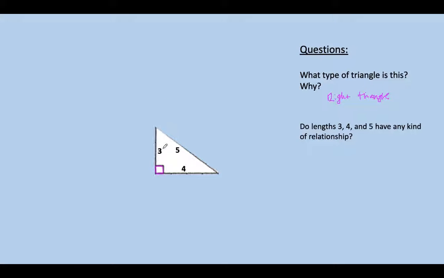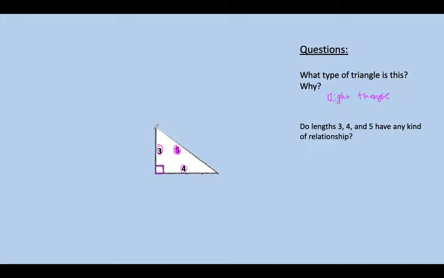Now looking at these numbers, these are the lengths of the sides, 3, 4, and 5. Can you think of any relationship, any pattern that you can see between these sides? So let's say we didn't know what this side was.